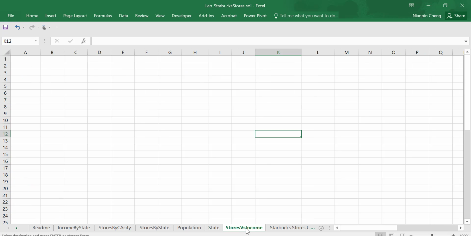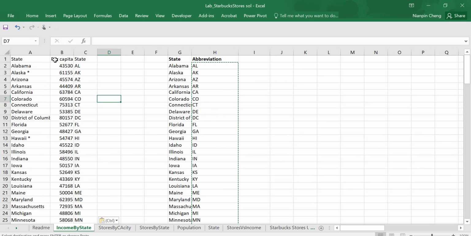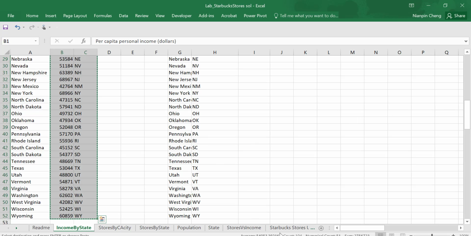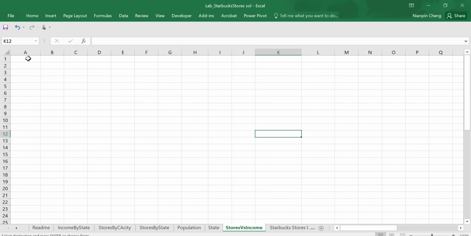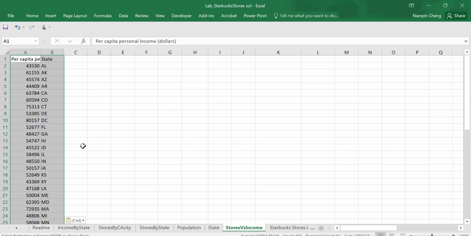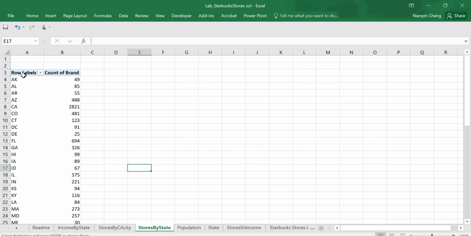And we also create a new sheet. Okay, you just right click, rename it as stores versus income. So I put this income data here. And then store by state, number of stores by state.